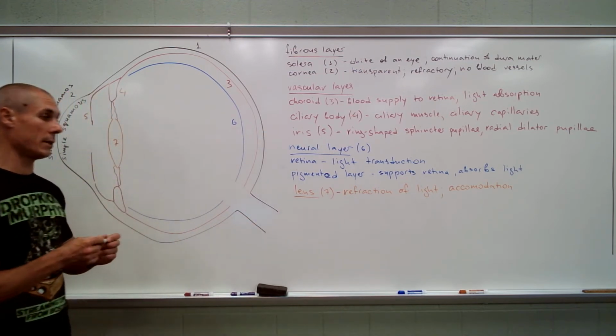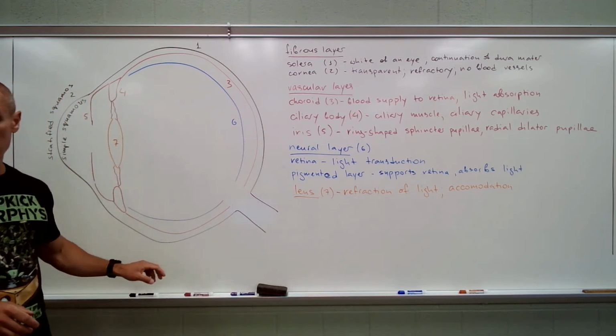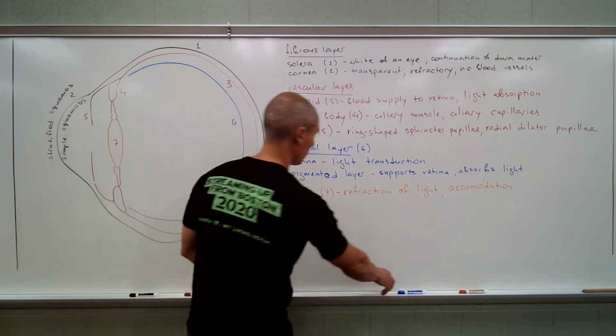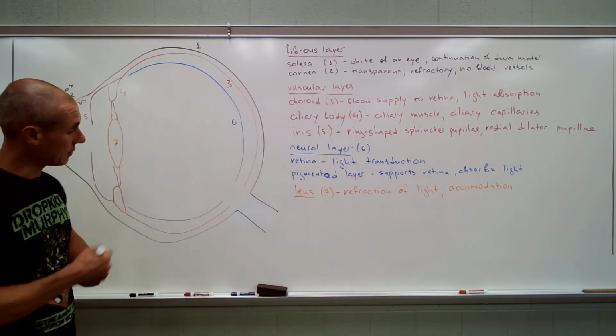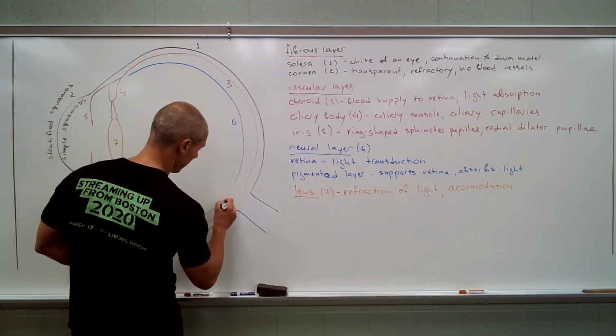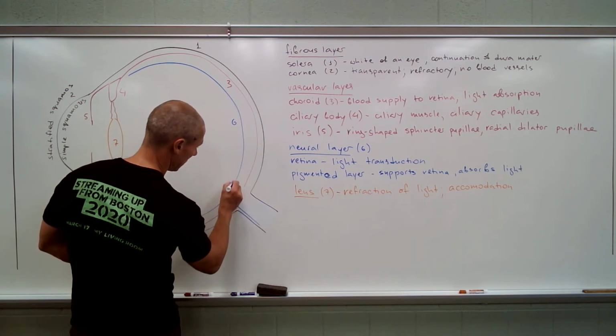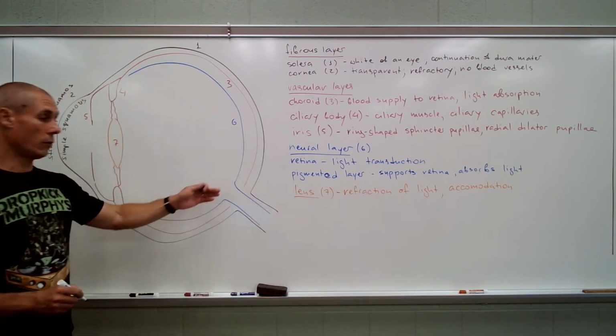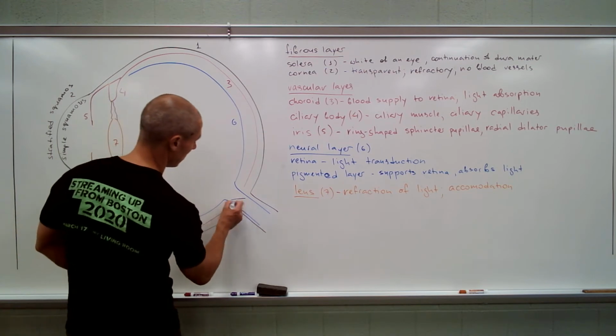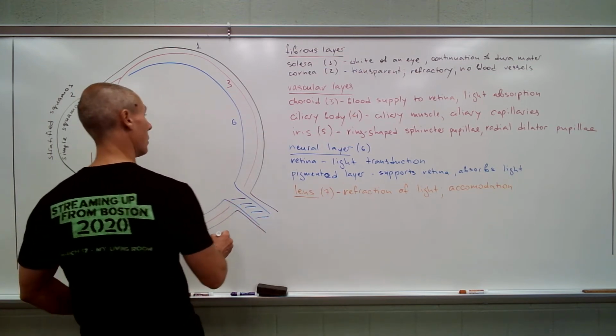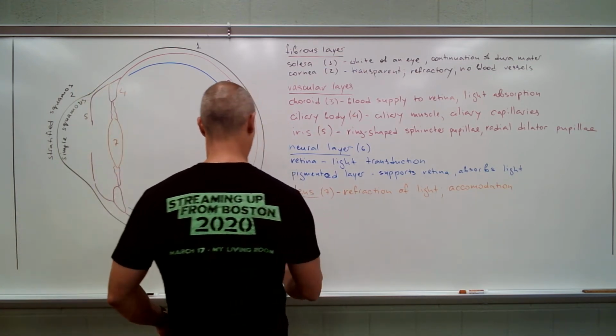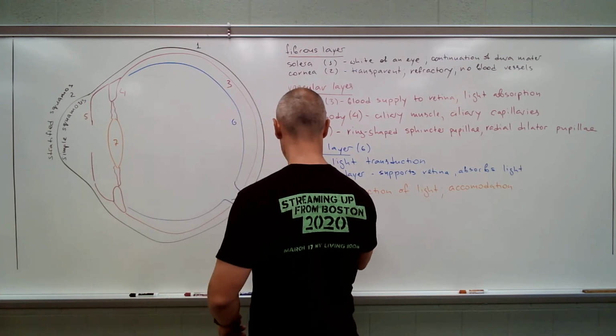These black lines represent the connective tissue cover of the nerve, the epineurium. And these blue lines here represent the optic nerve.